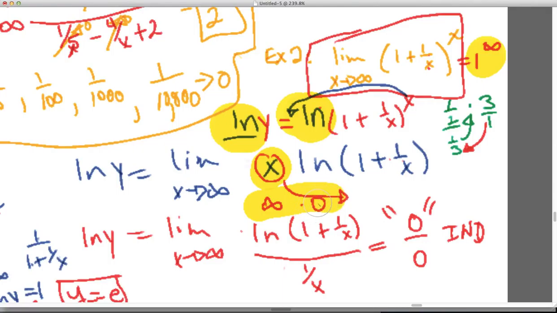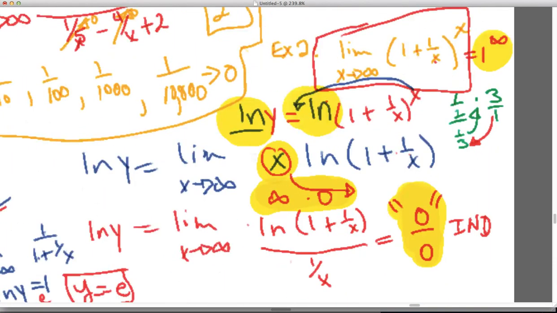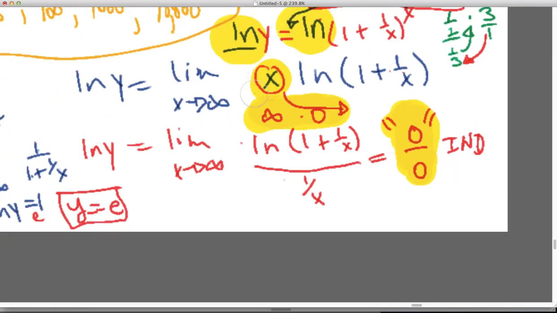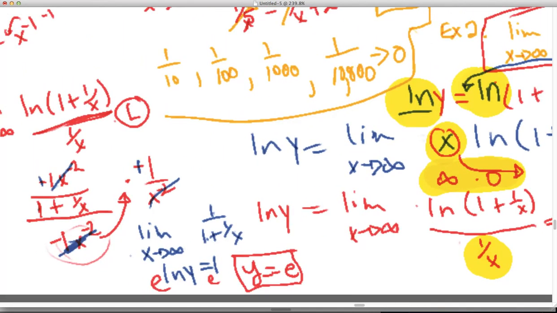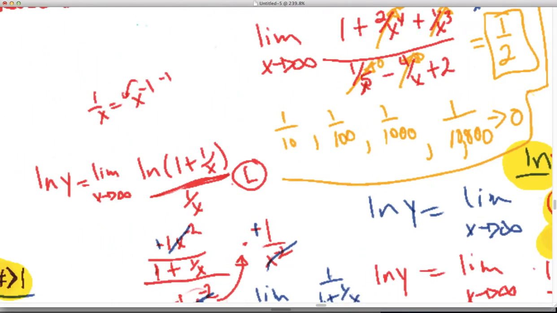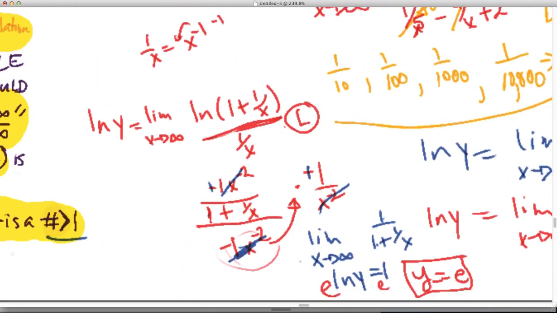So that indeterminate form forces us to rewrite it in this form because we can't do L'Hopital's rule with this one. It has to be either this or infinity over infinity. So what we did was we took the x and flipped it down to the denominator as a 1 over x. And you always want to pick the simpler expression. And then that allowed us to do L'Hopital's rule because it was 0 over 0.